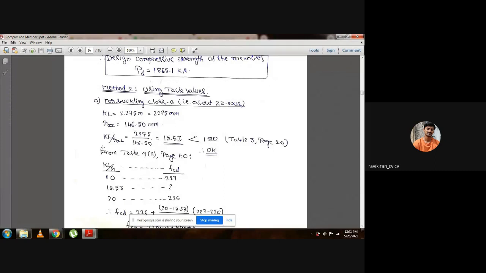If you open the table 3 from page 20, open IS 800, page 20. All of you, if you do not open, you will not understand this. Open page 20 from IS 800. Opened.